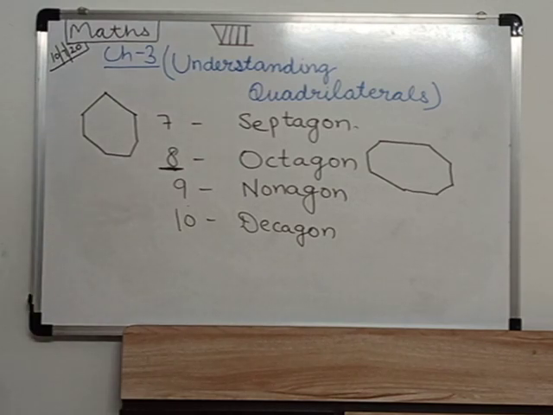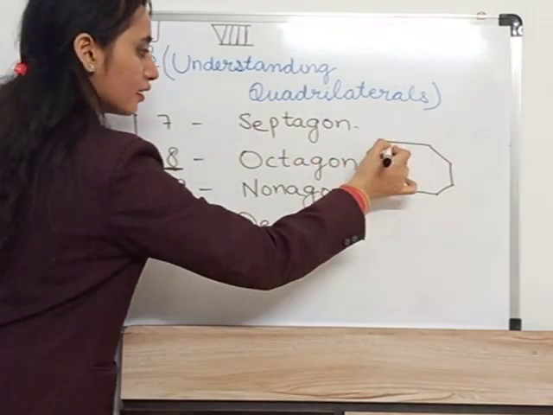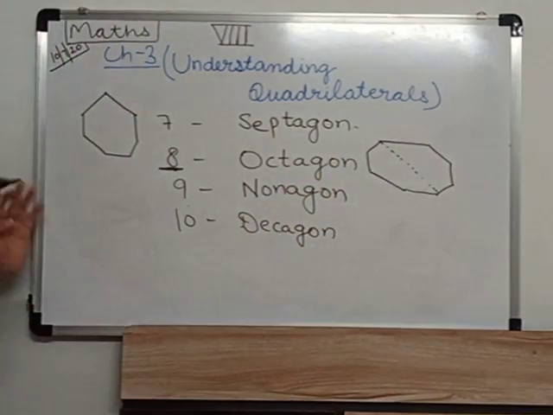Now next is about diagonals. What is a diagonal? A diagonal is a line segment connecting two non-consecutive vertices of the polygon. Means a diagonal is a line segment made by joining non-consecutive vertices.